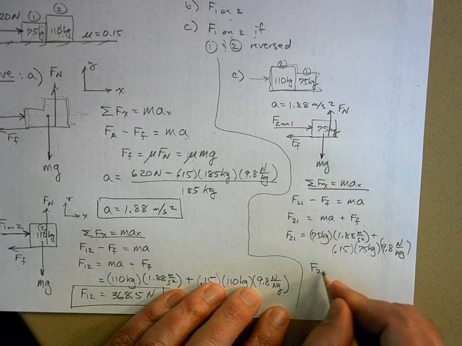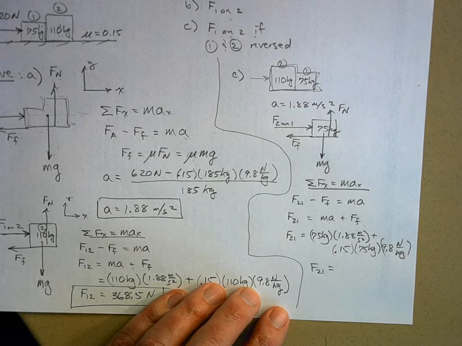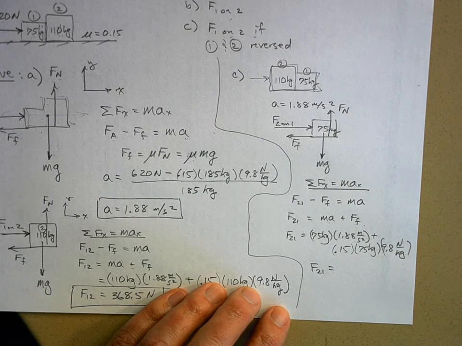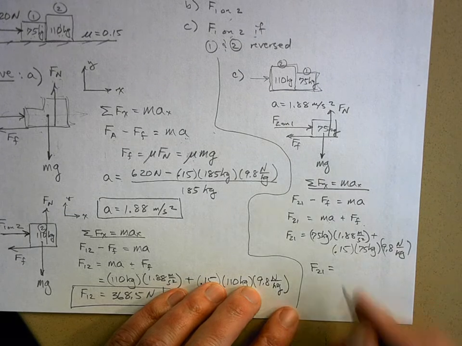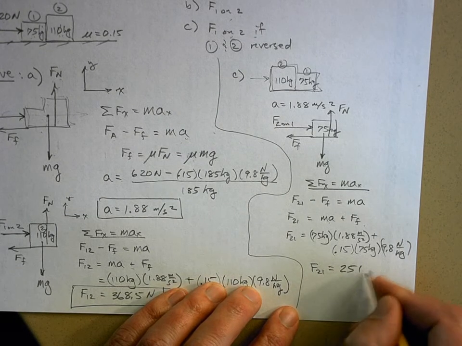So the force of 2 on 1 is equal to 75 times 1.88 plus, parentheses, 0.15 times 75 times 9.8. I got 251. Did you guys get that? 251 newtons.